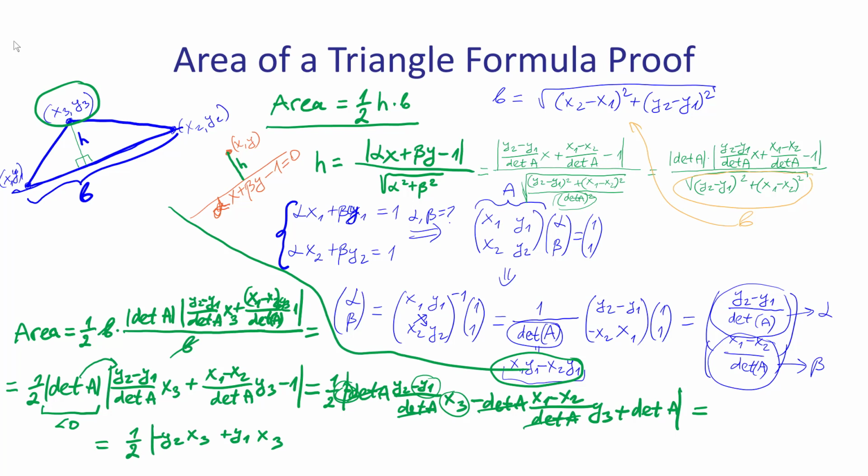Now from the second part we get minus x1 y3 plus x2 y3, and from the last part we get plus determinant of A, and determinant of A is x1 y1 minus x2 y1. Now pay attention to that formula. This is exactly the formula for a triangle area that we found before, and this completes the proof.